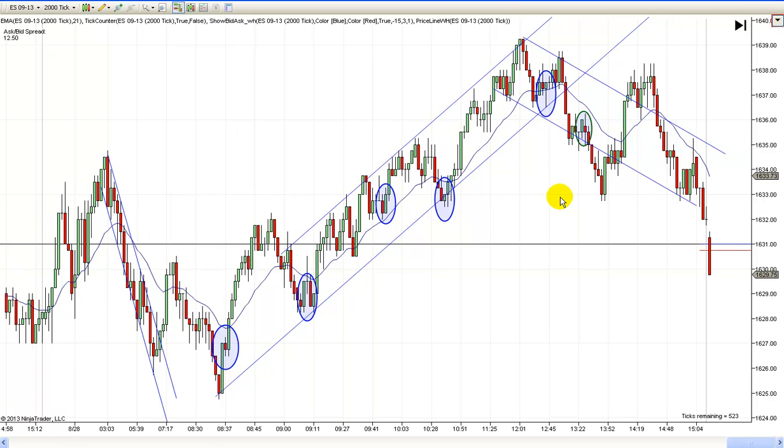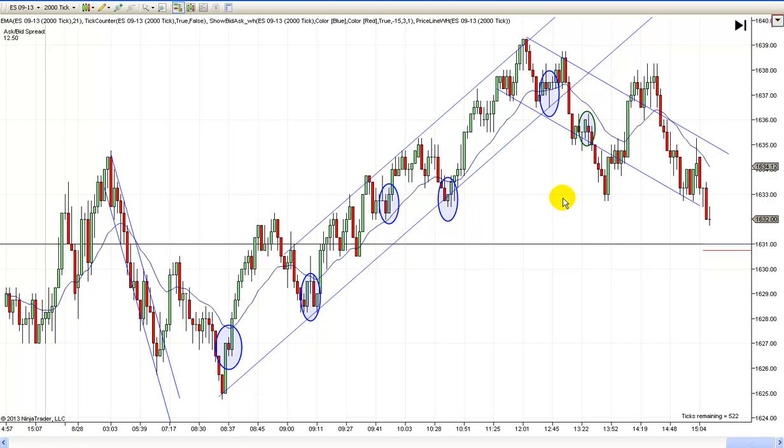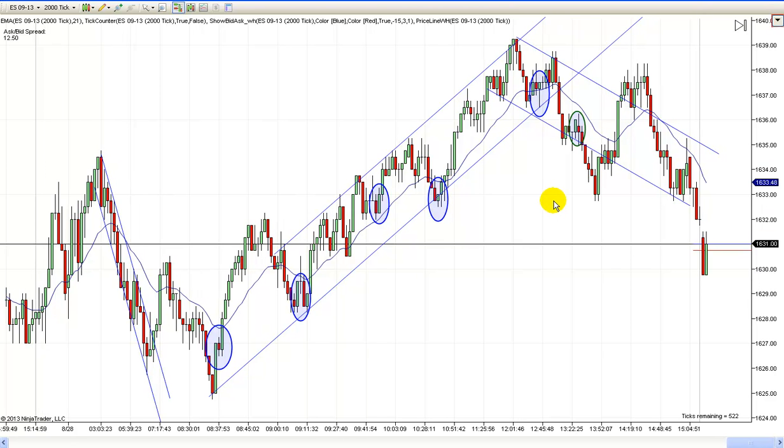There probably will not be a chart lesson tomorrow. Maybe this will be the last one for the week, and then I'm going to be out of town all next week. Of course, Monday's Labor Day, or is it? What holiday is it? Labor Day, I believe. I'm sorry, I can't even keep up with these holidays. So there won't be any trading Monday, but I'm going to be in California playing in a golf tournament all next week.